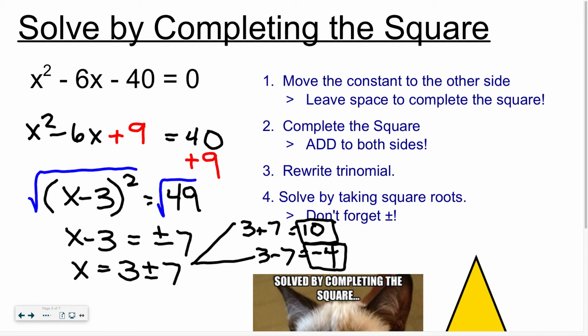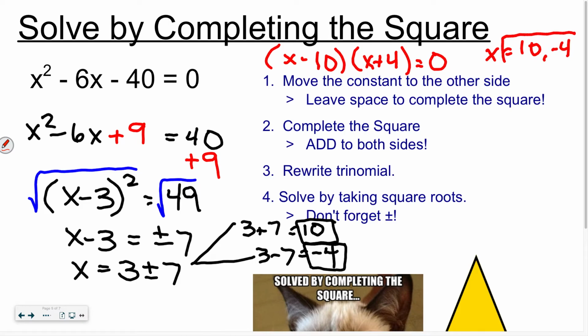So you could have written this out as (x minus 10)(x plus 4) equals 0. And then set your factors equal to 0, and x equals 10 and x equals negative 4. And you see how much less time that took me? Whew. So it's always worth the while at the beginning to check to see if you could factor.